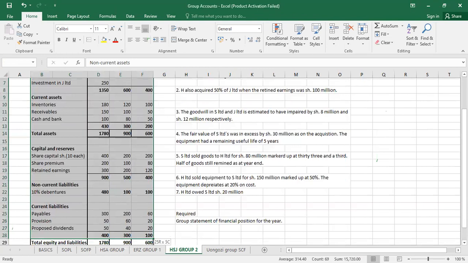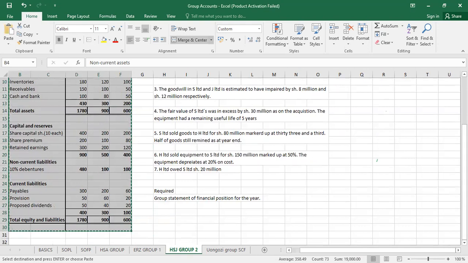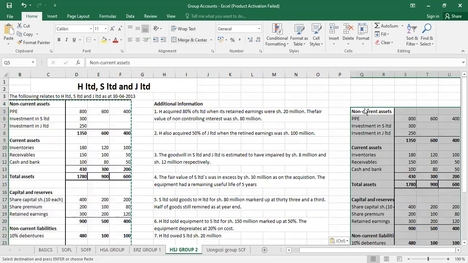You select the data, Control C. I paste it somewhere. Control V. Then I check the shareholding, isn't it? H acquired 80% of S Limited when the retained were 20.